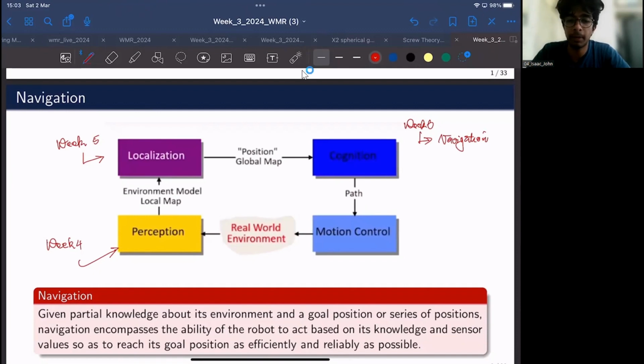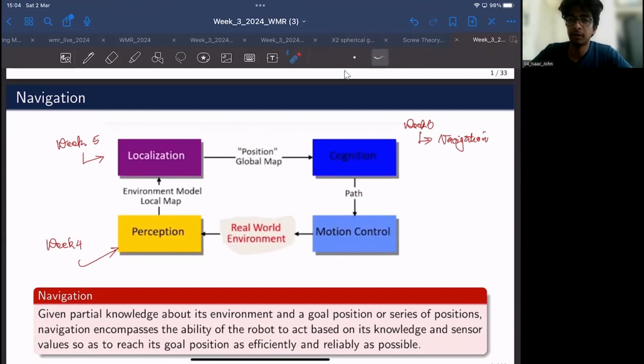It could be provided with a map, or it could simultaneously create a map as it is localizing. Either way, until now we have covered all the topics up to here, because the robot can localize itself on a given map, or a map that it has created on its own.